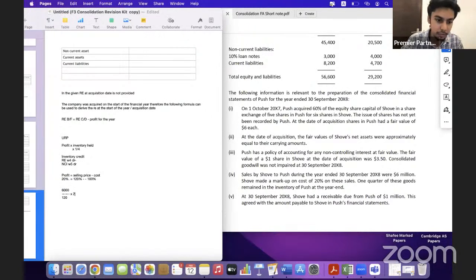So the answer will be 6,000 divided by 120 into 20, which is 1 million. Take the 1 million and put it over here. Multiply by 1 over 4. The URP will be 250.